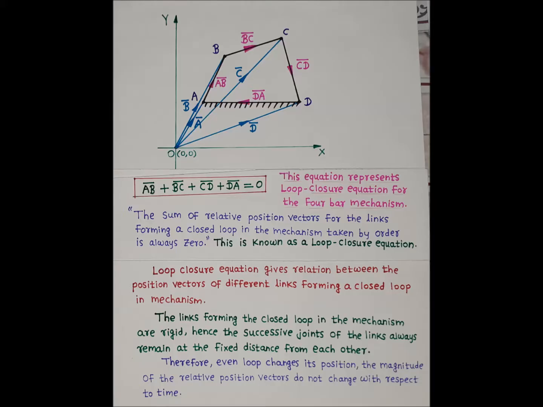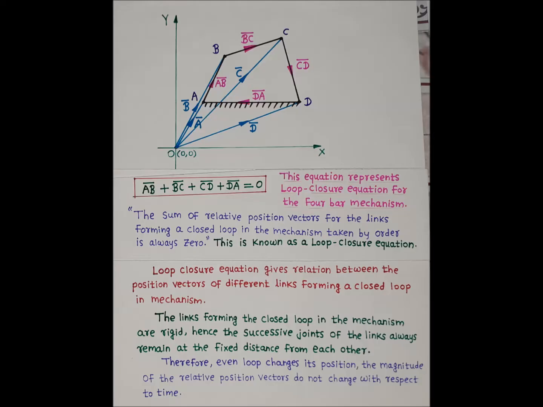In reality, links are resistant bodies, and a resistant body will act as a rigid body for the purpose for which it is made.